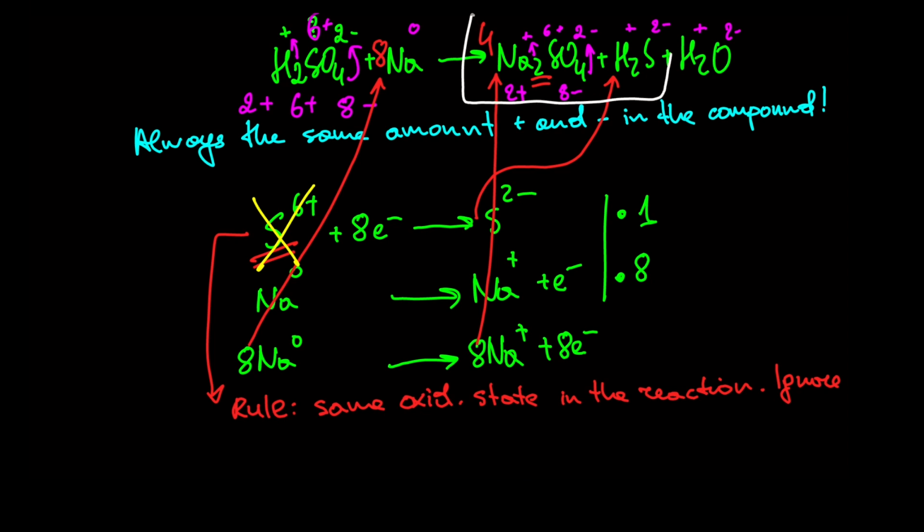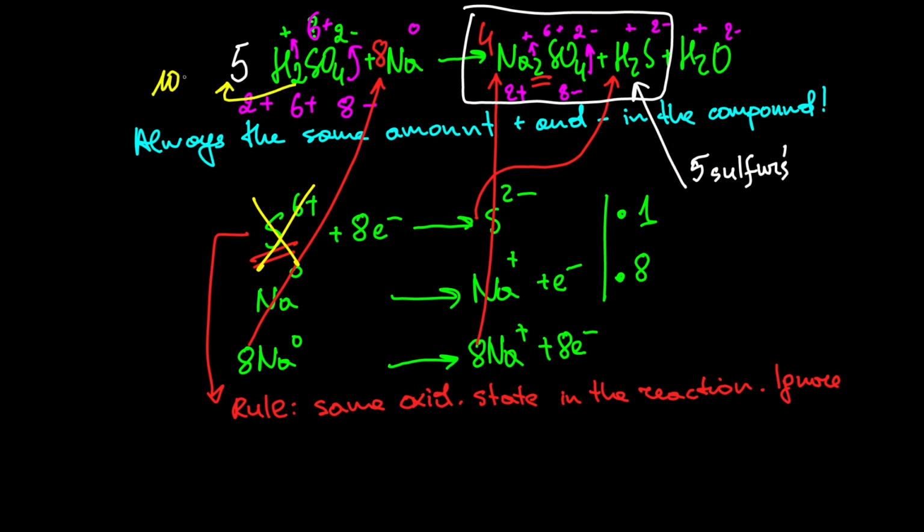After the reaction, we have a total of 5 sulfurs. So that means we can write 5 in front of H2SO4. What about hydrogens? We have 10 hydrogens before the reaction. And after reaction, we have 2 hydrogens in H2S and 2 in H2O.